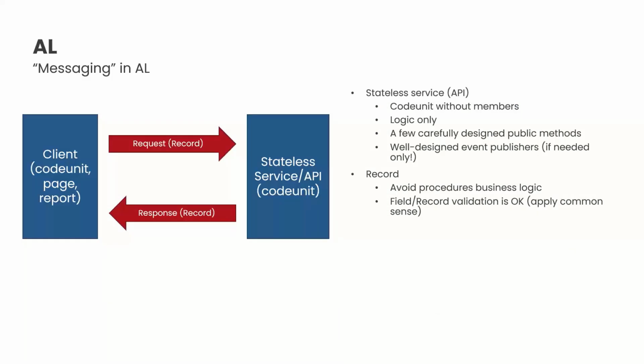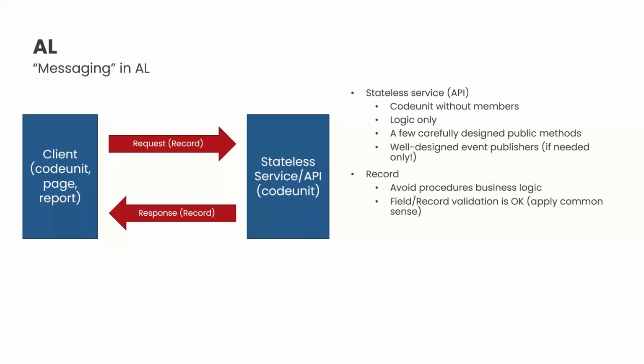Now, what about AL? We could try to apply the same approach to our AL applications. We can think about it the same way. We can nicely split the applications into smaller code units with just procedures operating on our records, with the logic only there, and probably a few very carefully designed public methods.